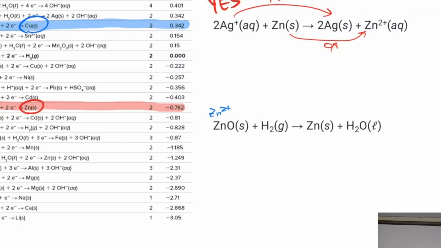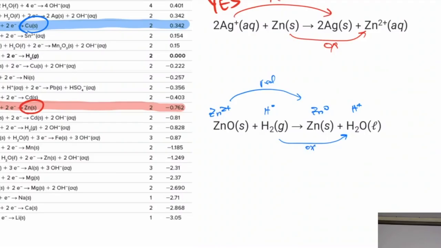The zinc is 2 plus. The zinc here is 0. The hydrogen is neutral, and here the hydrogen is 1 plus. So we did something very similar to this already, right? The zinc 2 plus is being reduced, and the hydrogen is being oxidized.